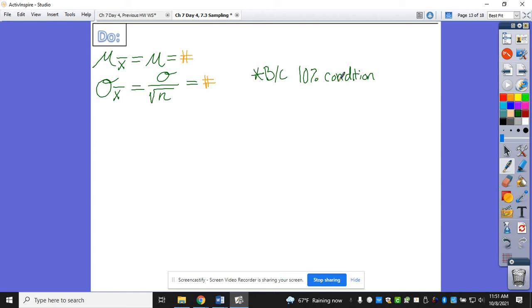What's next? And I know what symbol is going to go in there somewhere. Somewhere in there is going to be x bar. I don't really know what it's going to look like. If you want to do the number A and number B again, like we did yesterday, I now convert that to z-score.